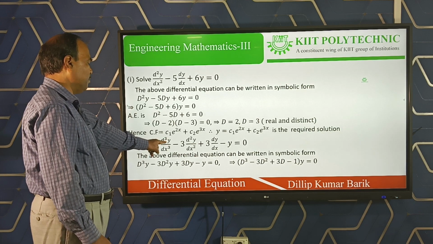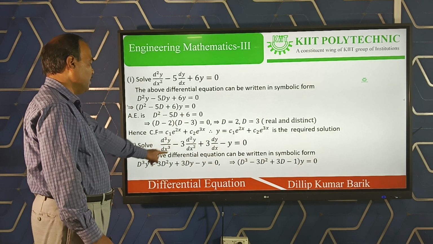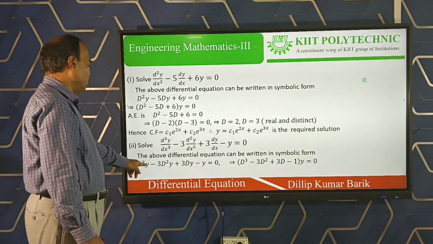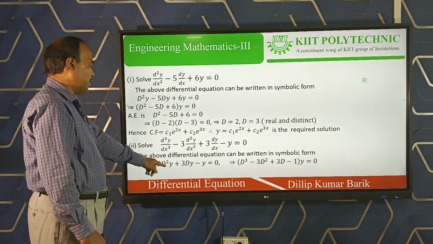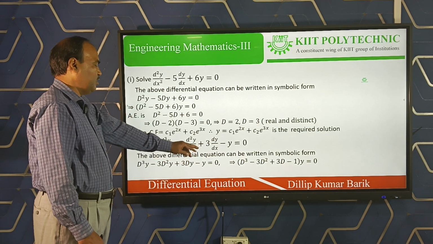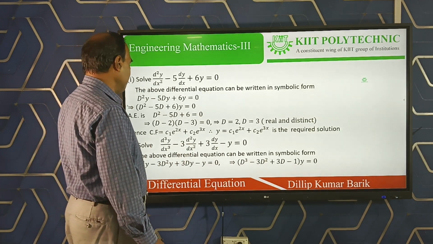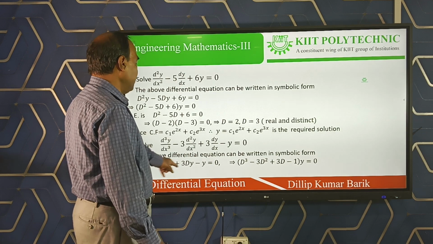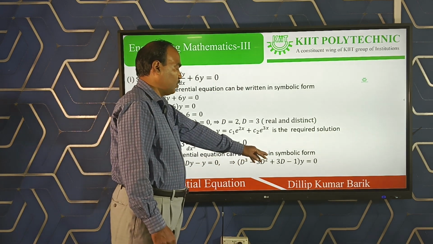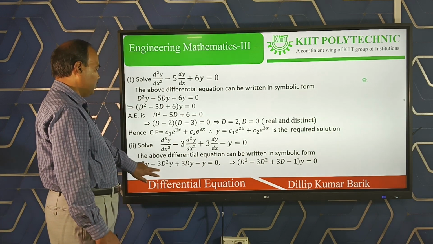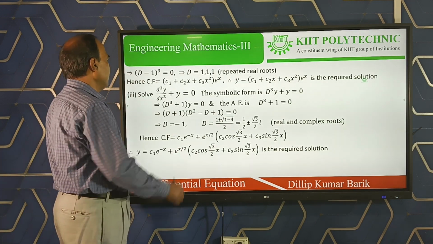The third derivative is D³, the second is D², the third term is D. So D³y - 3D²y + 3Dy - y = 0. Taking y common within brackets, (D³ - 3D² + 3D - 1) times y = 0.